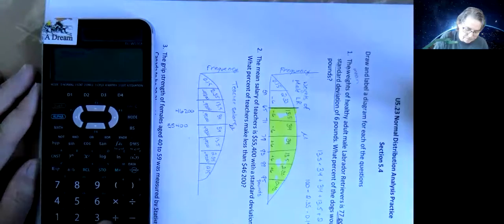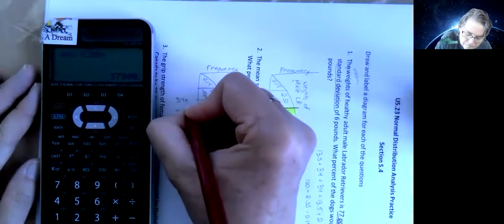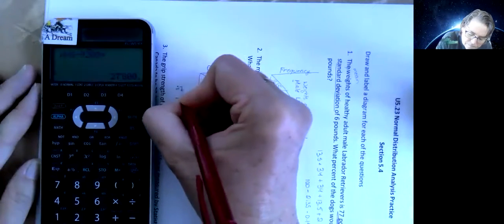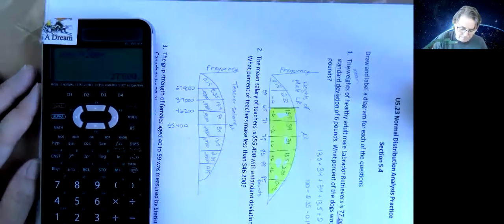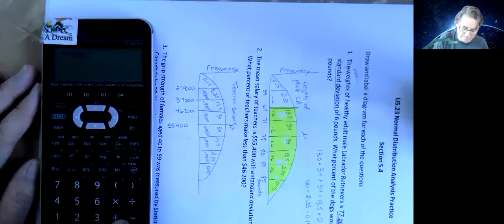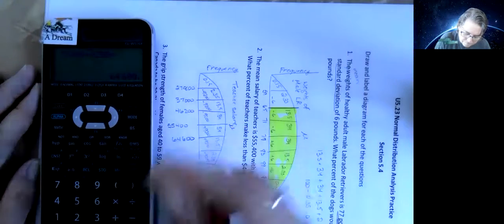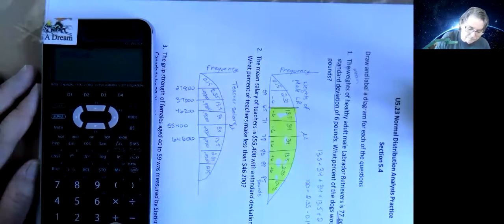Might as well keep going. Whoops. 64,600 plus 9,200.